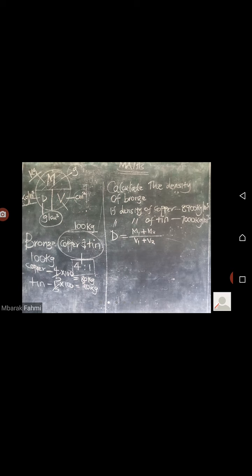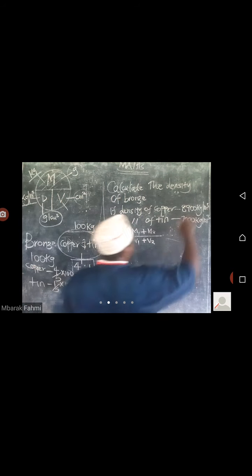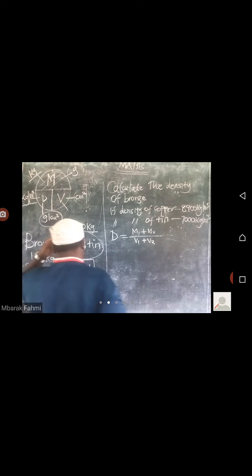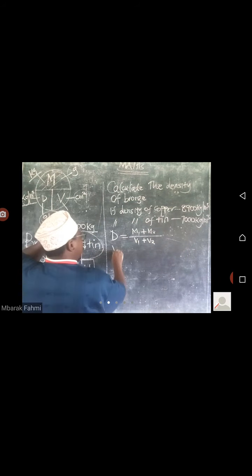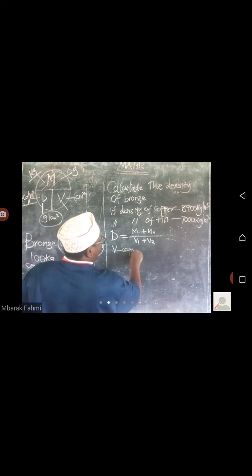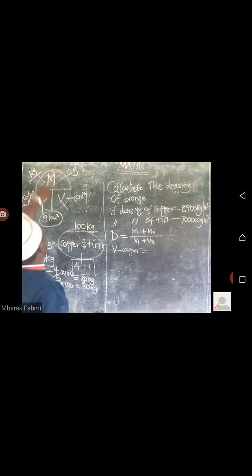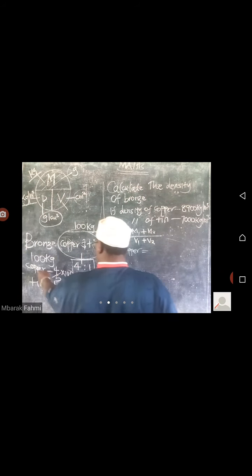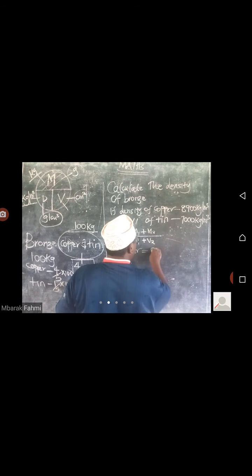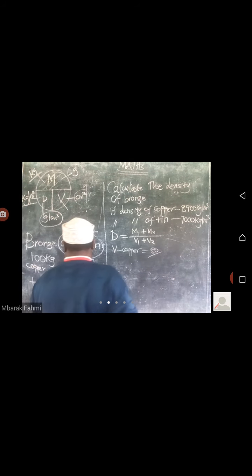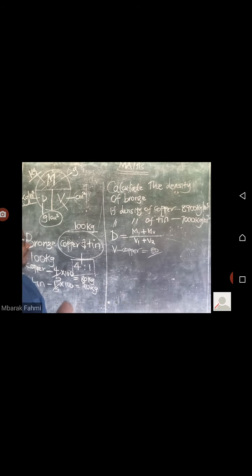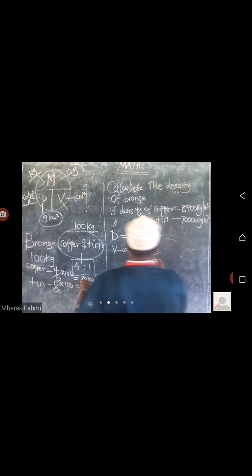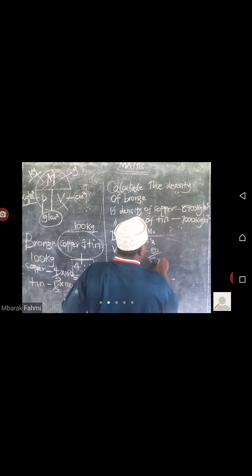And then we need to use the mass and the density to get the volume. So the volume of copper first. We know volume is equal to mass over density. So the mass of copper is 80, over the density of copper, which is 8,900.